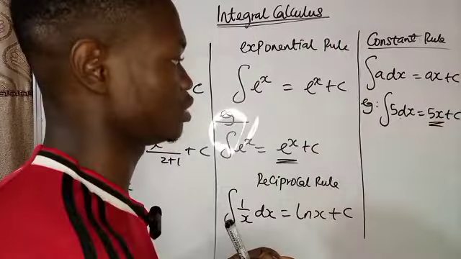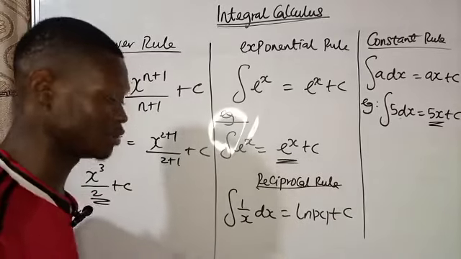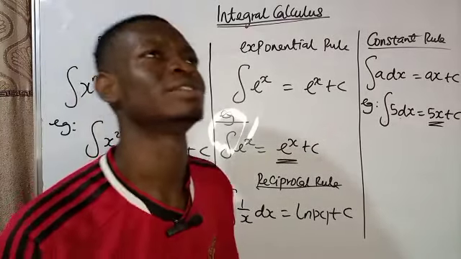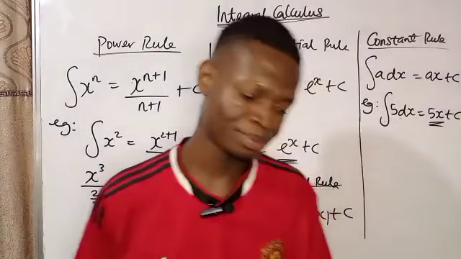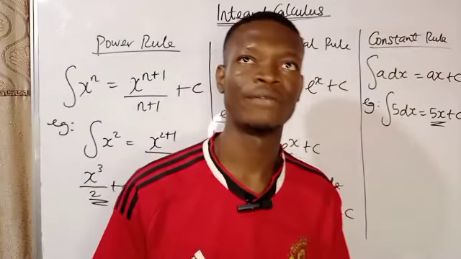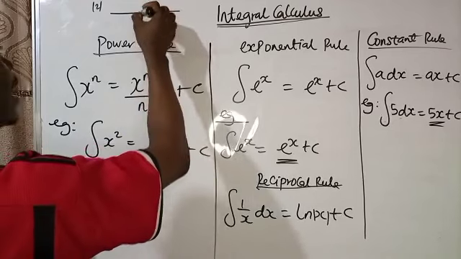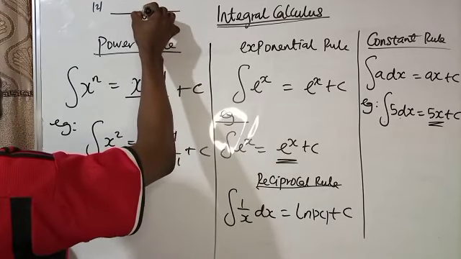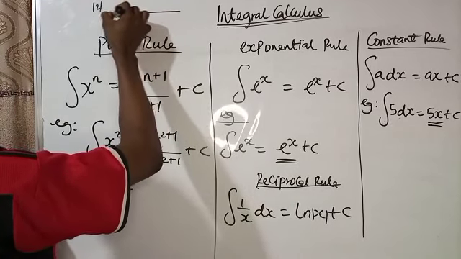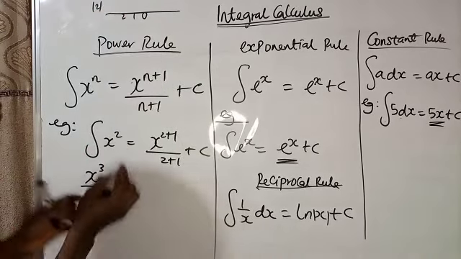In the reciprocal rule, you can just say the absolute value of x. You know the absolute value of a number, for example 2, means how far 2 is from 0.